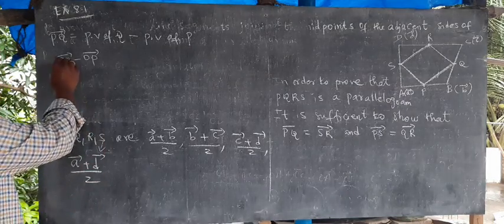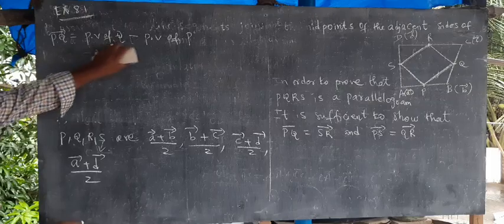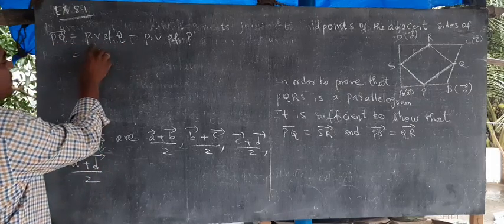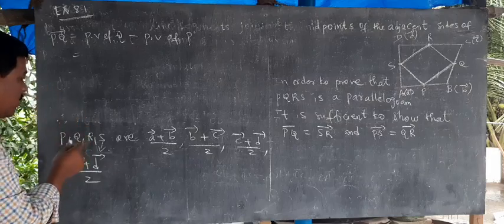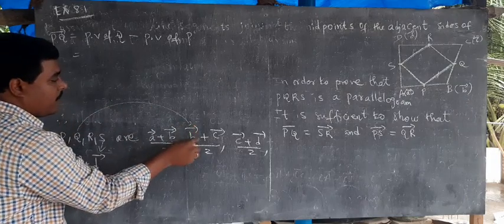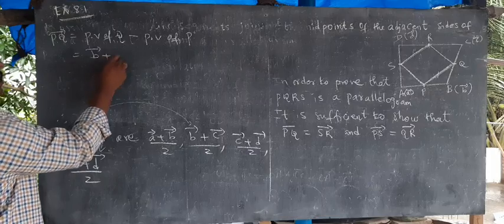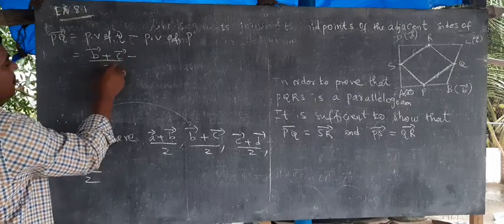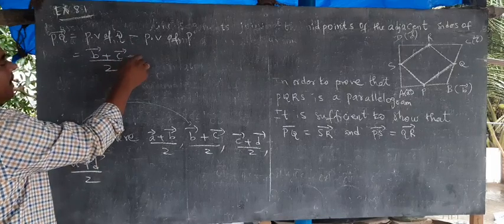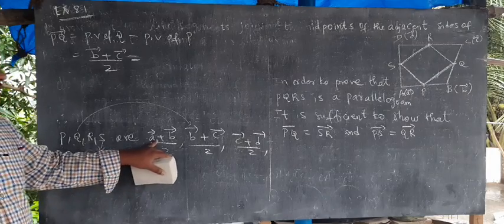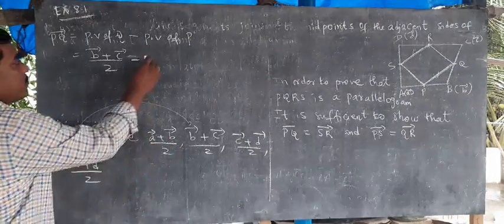For Q we have B vector plus C vector by 2, minus the position vector of P, A vector plus B vector by 2.